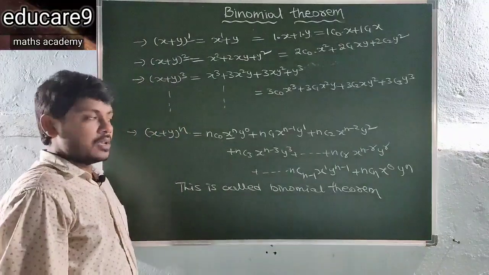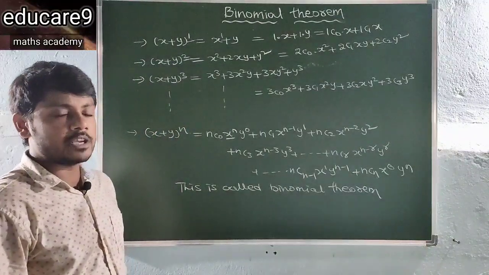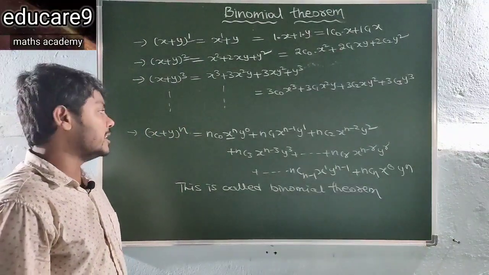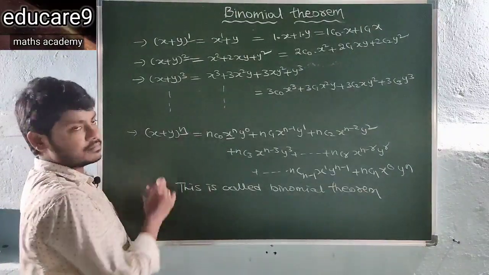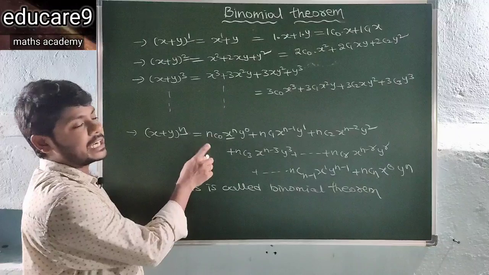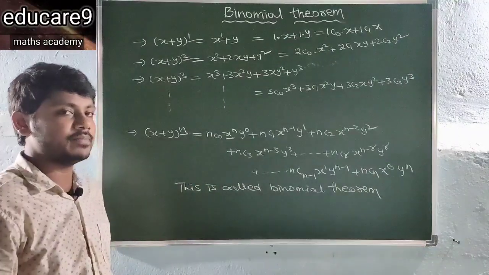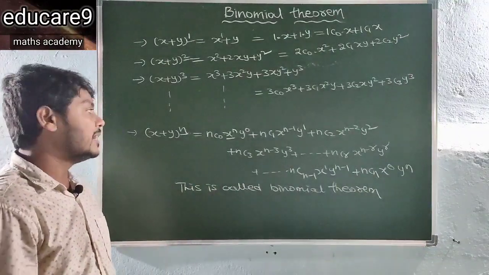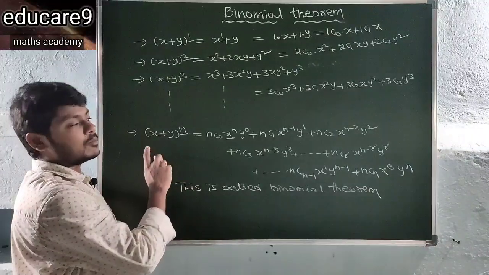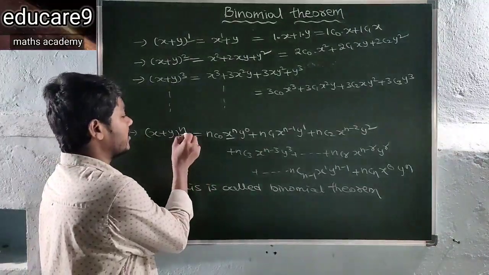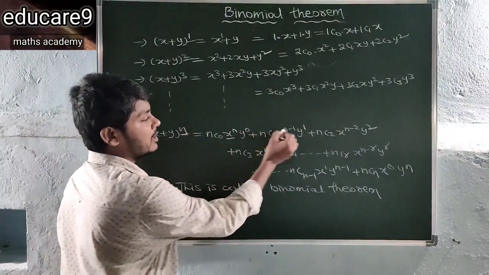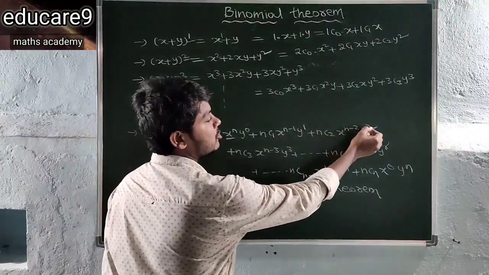Okay. So clearly here this expansion follows the 3 conditions. So first one, here power is n, so clearly this expansion containing n plus 1 terms. That is the first condition. And second condition, both LHS and RHS power should be same. So here power is n, here n plus 0, n minus 1 plus 1, n minus 2 plus 2, n.